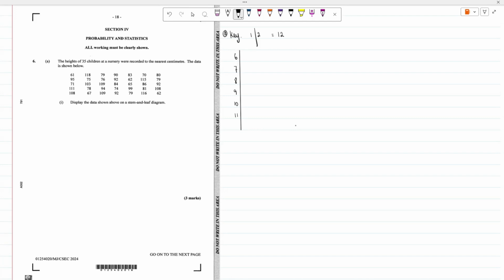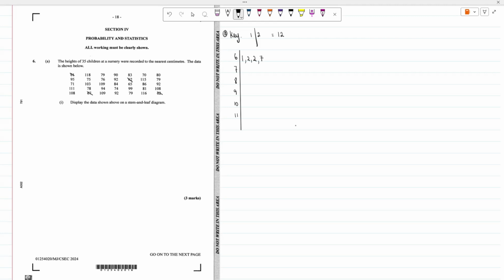So the first one is 61. Have any more 61s? No. I've seen 62, two 62s. I see no more 62s there. So I have two 62s. Any more 60s? Yeah, I have a 67. That is it for the 60s, right?